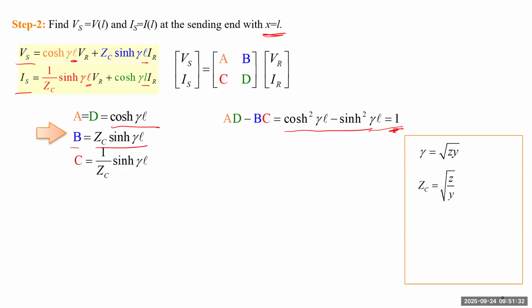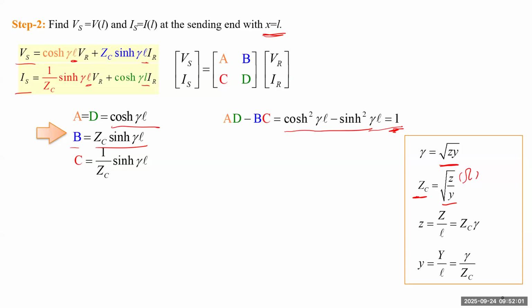Before we move on, we have to quickly introduce some useful formulas, because later we'll utilize some of them to simplify our expressions. So far, we have introduced gamma, which is the square root of z times y. This one has no unit. We also introduced ZC, which is equal to the square root of z divided by y. This one has unit ohm.